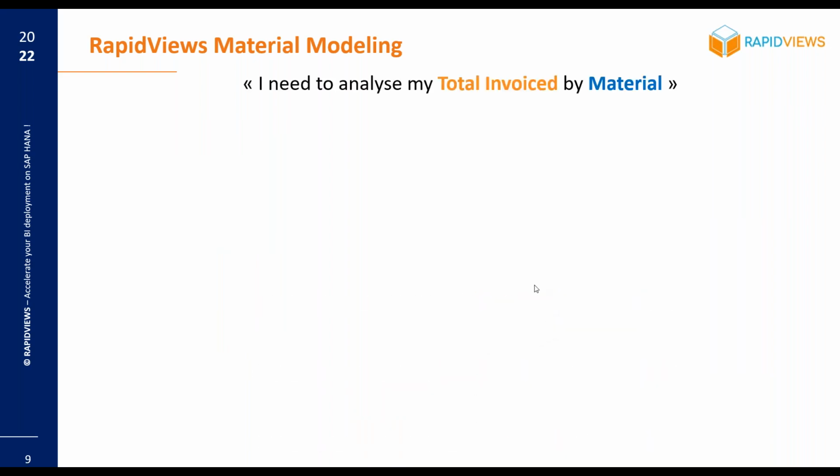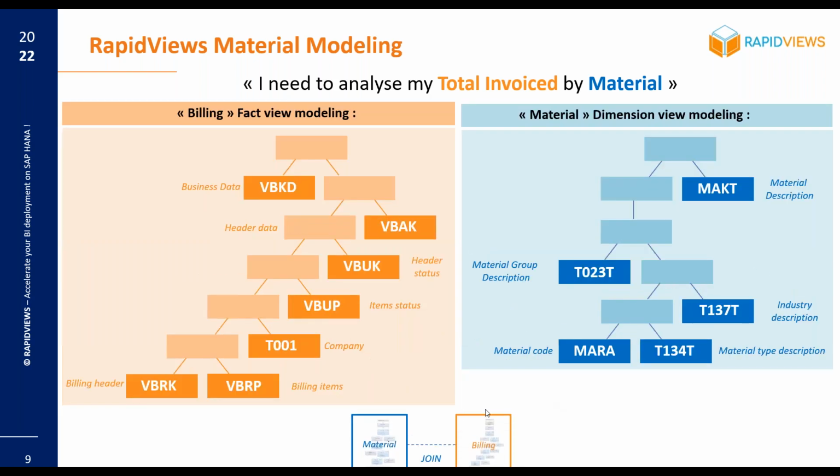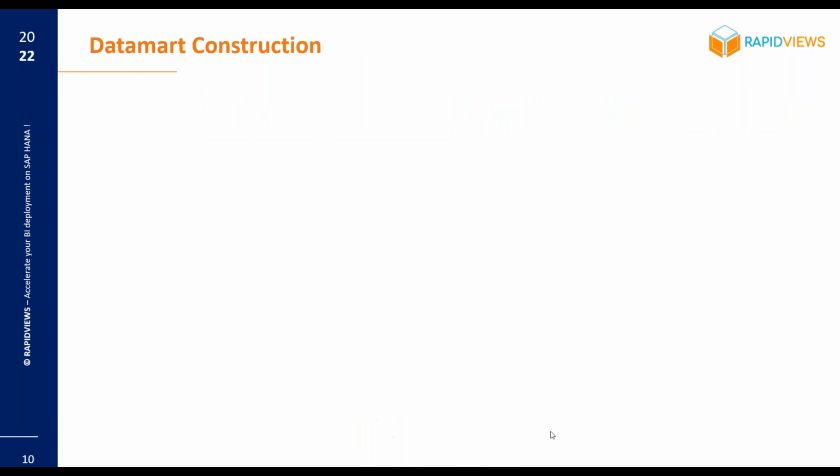So what we actually did is build all these views and the joins. For example, if I want to analyze my total invoice by material, I need my material dimension and my billing fact view, and to build this join. This is what we did.